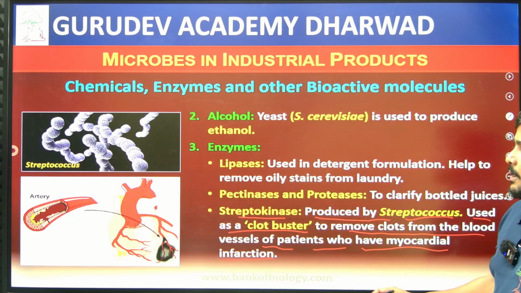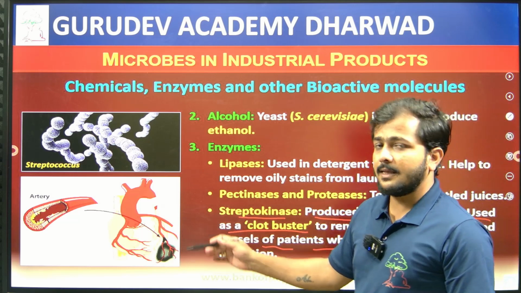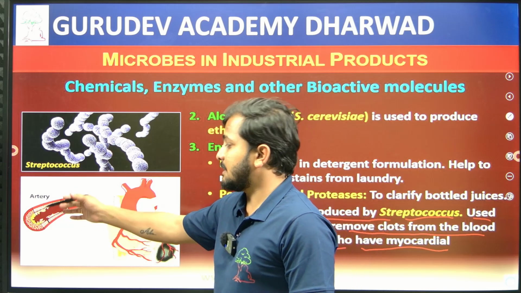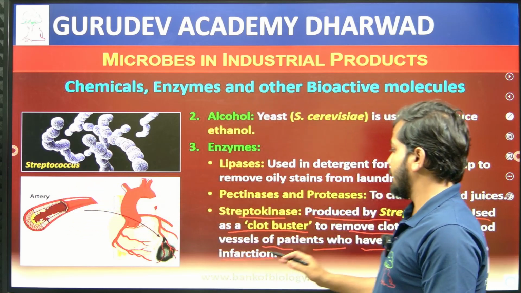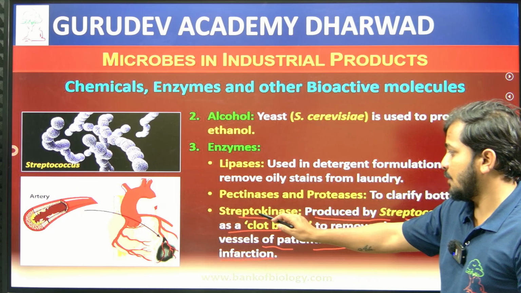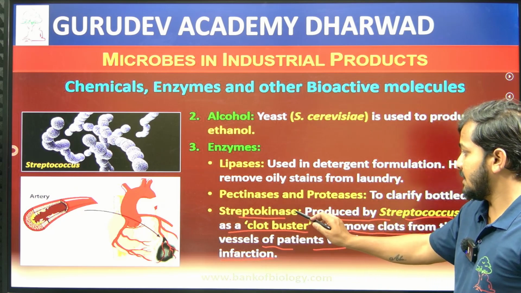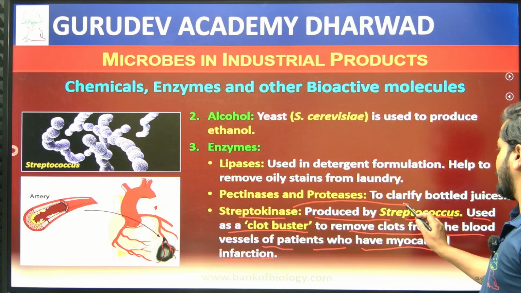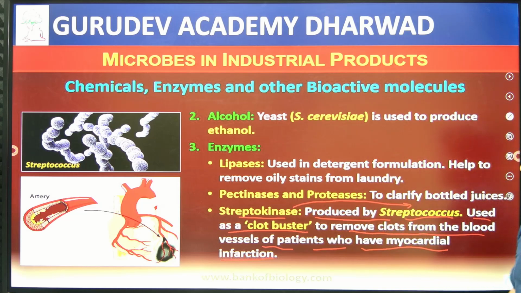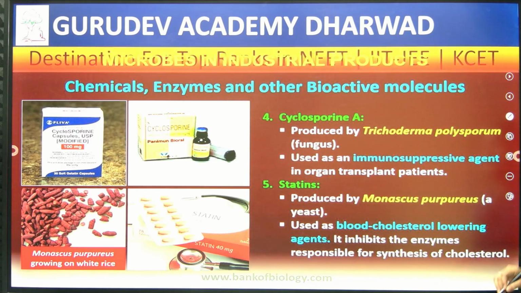If there is a myocardial problem, then to burst the clot in that patient they use streptokinase. This streptokinase is produced by the Streptococcus bacteria, so that is what you should remember.